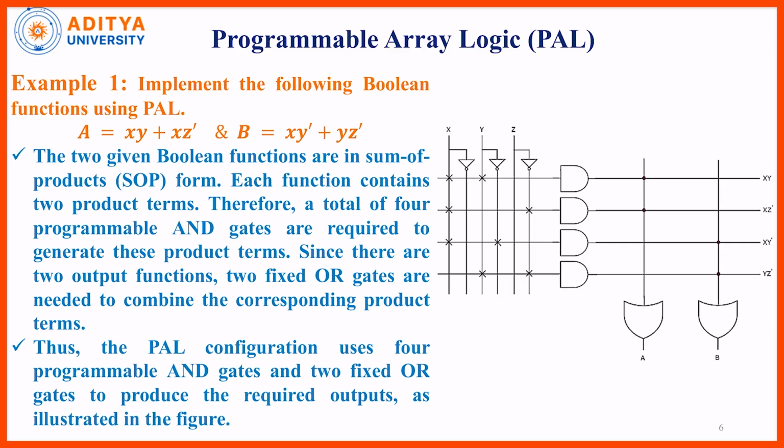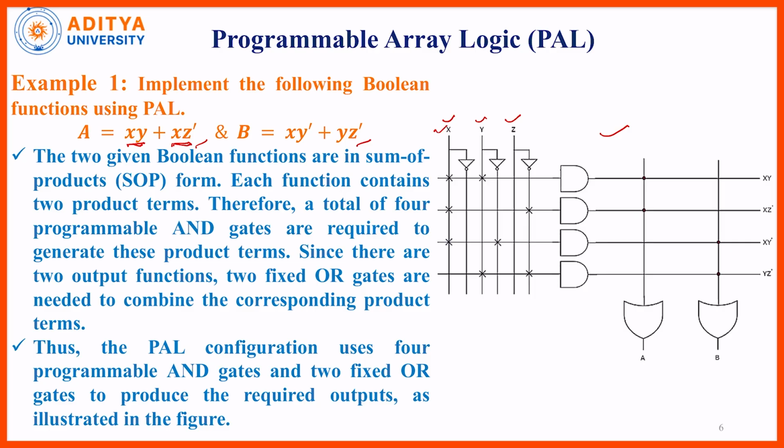Here we can take one example: implement the following Boolean functions using PAL. There are 2 equations: A is equal to xy plus xz bar, and B is equal to xy bar plus yz bar. If we observe the figure, it contains 3 inputs, that is x, y, z.